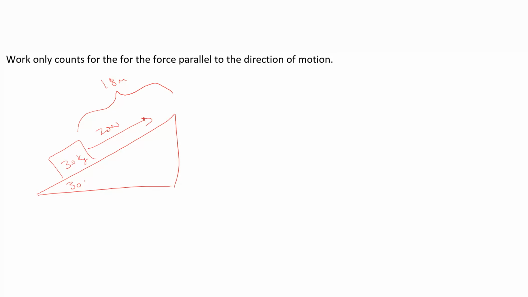Well, work is just equal to force times distance. So even though they give you all this other information, and you'll see problems like this in the not too distant future, they give you an angle here. Does this angle really matter for this problem? Do I have a force that's parallel to the direction of motion? Yes.